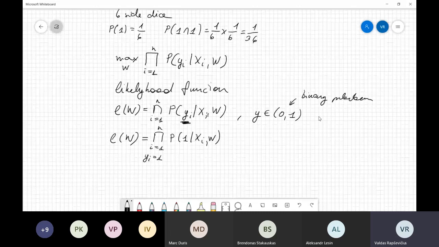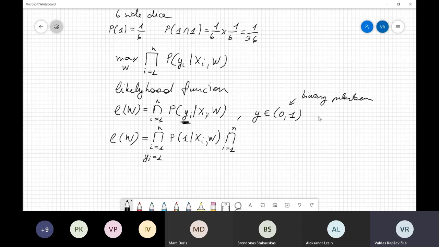So we express it not as a variable class, but as a constant of being in class 1. And we multiply this by the product over i, with the condition that yi equals 0, the different class in the binary classification problem.